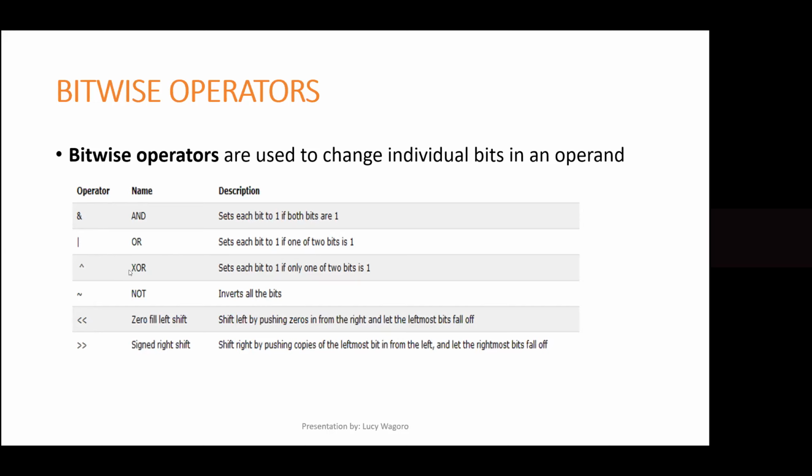We have XOR, which sets each bit to 1 if only one of two bits is a 1. And then we have a NOT, which inverts the bits. We have what we call zero fill left shift, and then signed right shift. I'll start from the last ones, the zero fill and the signed right.